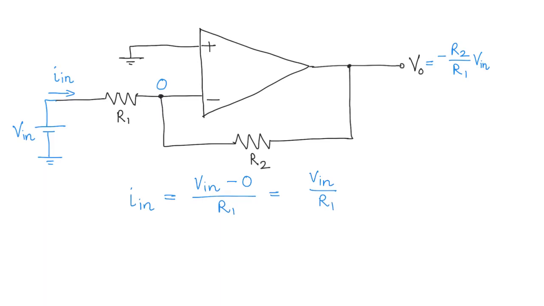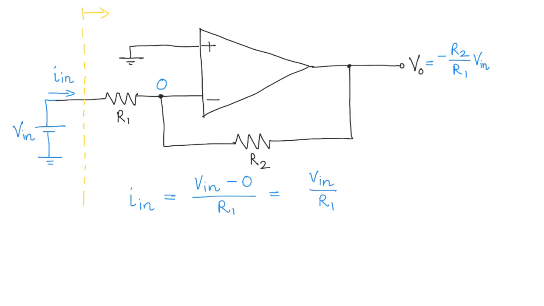Now, if I want to say what is the resistance that is seen by Vin on this side of the circuit, whatever is on this side of this line is like a black box to this power supply. What would be the equivalent resistance of this entire circuit?